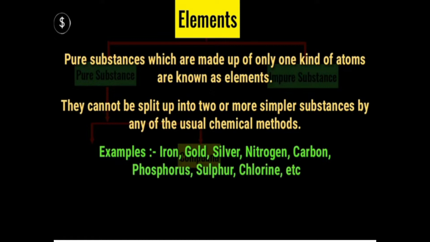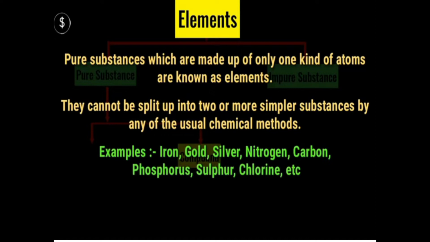They cannot be split up into two or more simpler substances by any of the usual chemical methods. We cannot split the elements by chemical methods. They are just made up of only one kind of atoms. Examples: iron, gold, silver, carbon, nitrogen, phosphorus, sulfur, chlorine, etc.